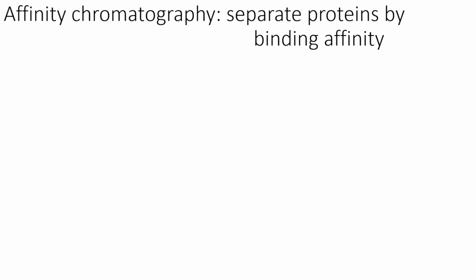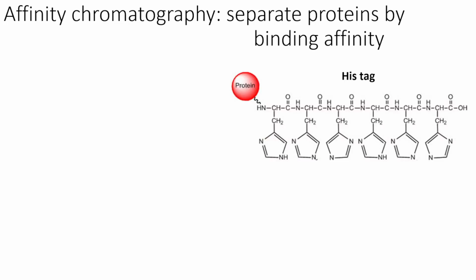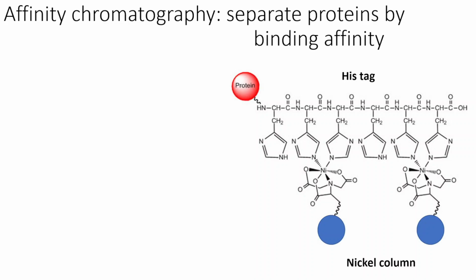First we have our protein, and in this example we have our histidine tag, so it's 6 histidine residues in a row. The lone pair on the nitrogen will bind really strongly with the nickel that's attached covalently to the actual resin of the column, like the bead.